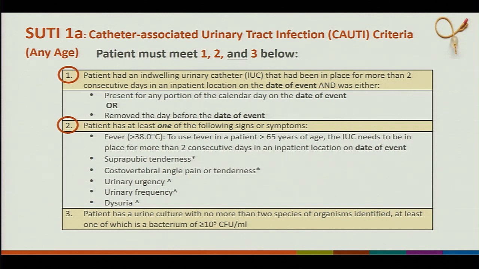To use fever in a patient greater than 65 years of age, the IUC needs to be in place for more than 2 consecutive days in an inpatient location on the date of event. Because a fever is a non-specific sign of infection, it is possible that an individual may run a fever due to more than one infection at a time.